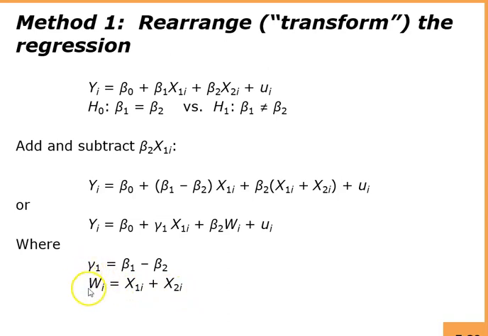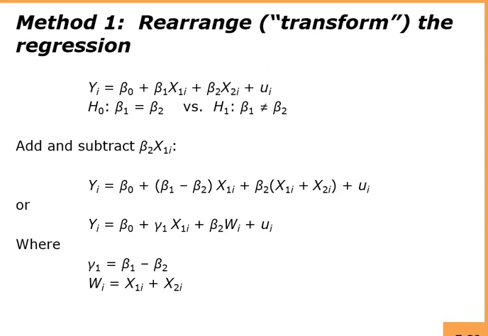Construction of this kind of a variable in any software, including STATA, is very easy. With the help of one single command, you can calculate this variable W, while this coefficient, gamma 1, is equal to beta 1 minus beta 2. So beta 1 minus beta 2 becomes really important, because that is essentially what we are testing for.